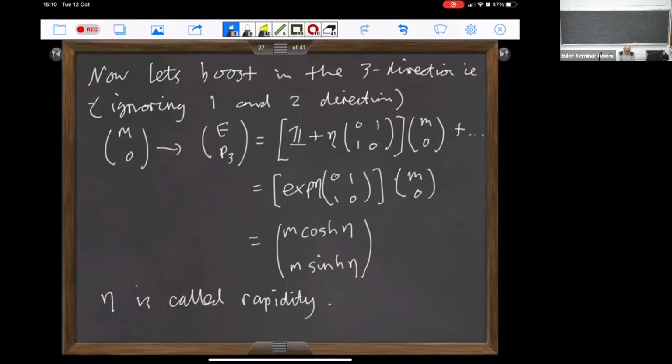Then the infinitesimal transformation is given in the first line there, where the global transformation is the exponential of the boost parameter, which by the way is also in particle physics literature often called rapidity. For those of you that go on to study collider physics, rapidity will be an important variable.